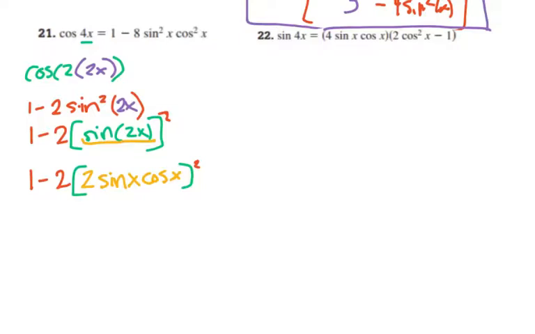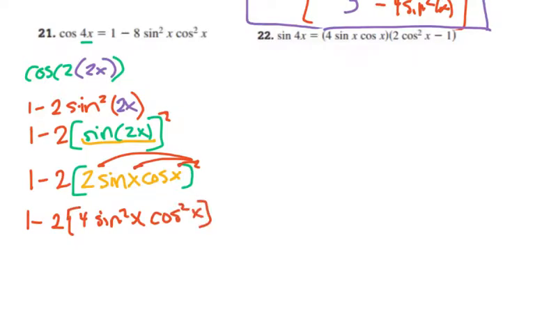Then I can apply that square to everything inside. So 2 is squared, sine of x is squared, and cosine of x is squared, and so we end up with 1 minus 2 distributed into 4 sine squared of x and cosine squared of x. But of course, since this is all now multiplied, we can take away these parentheses and just end up solving 2 times 4, which makes 8.